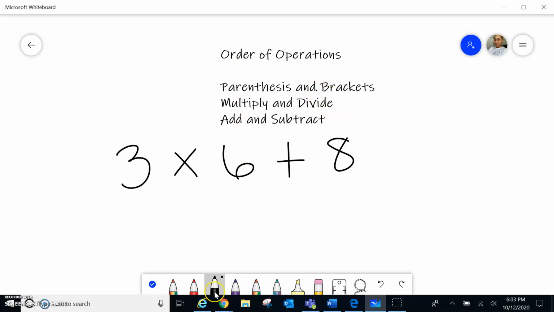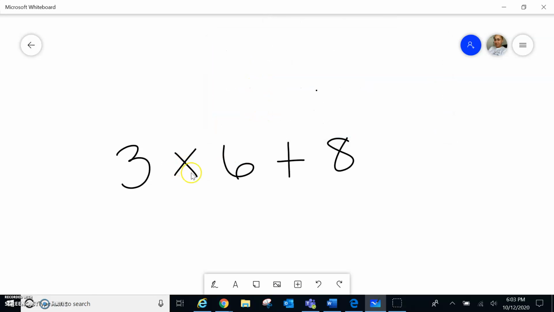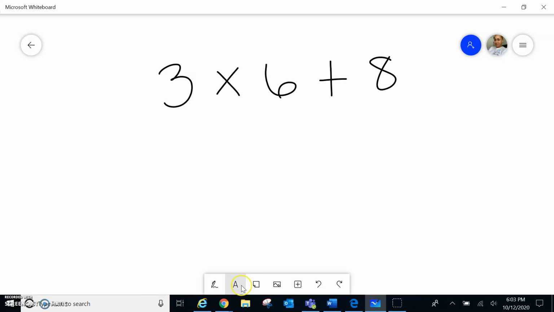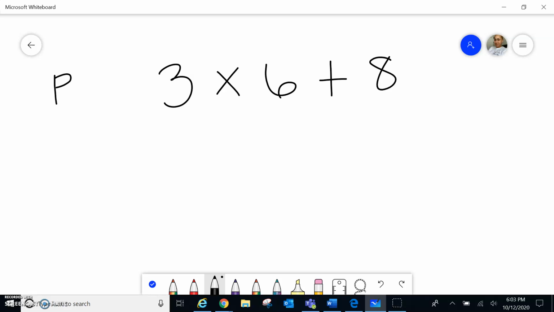So I'm actually going to get rid of this, and I'm going to show you what you can do instead. So you can write right off to the side, P, which stands for parentheses, MD, which stands for multiply and divide, AS, which stands for add and subtract.